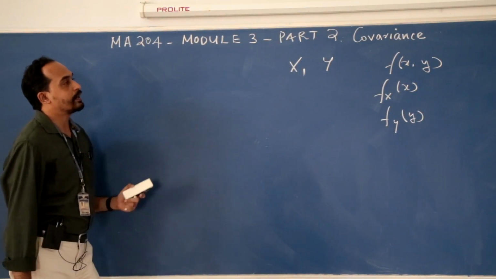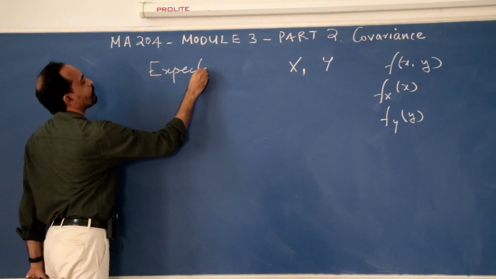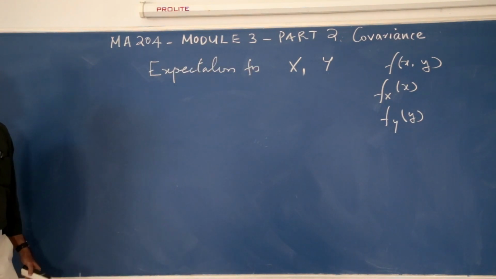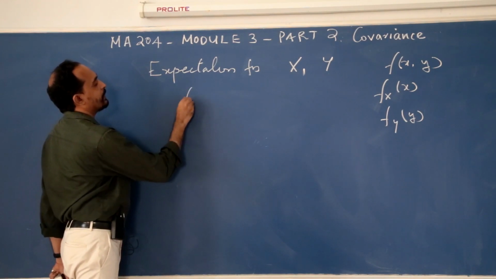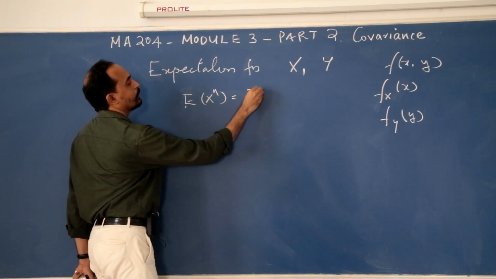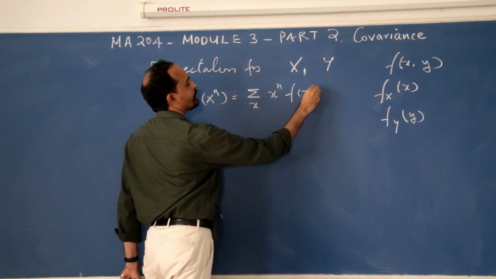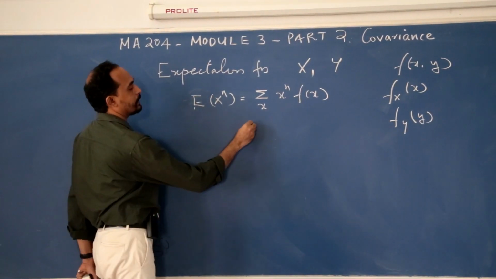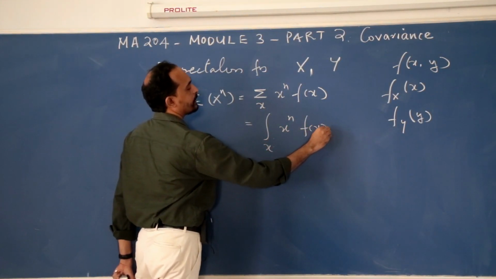So today we are starting with the expectation function, already defined in previous modules for discrete and continuous random variables. In the discrete case, expectation of x raised to n is equal to sigma over x of x raised to n into f of x, where f of x is the PDF of the random variable x, and in the continuous case it is the integral of x raised to n into f of x dx.